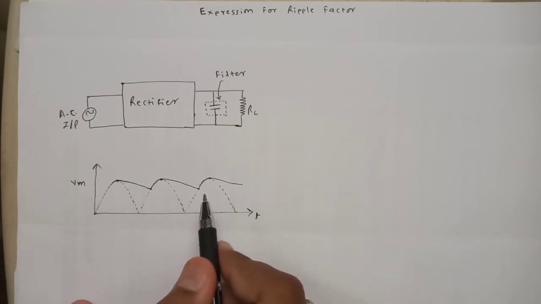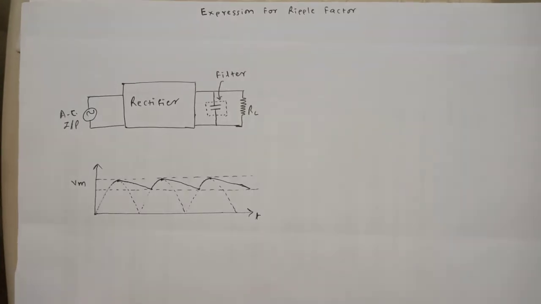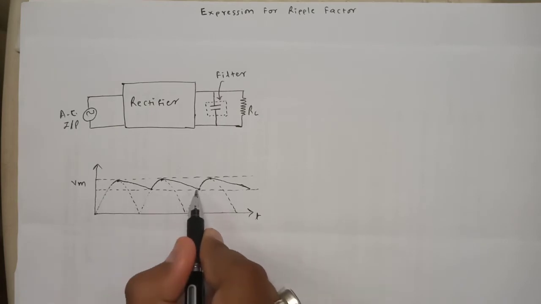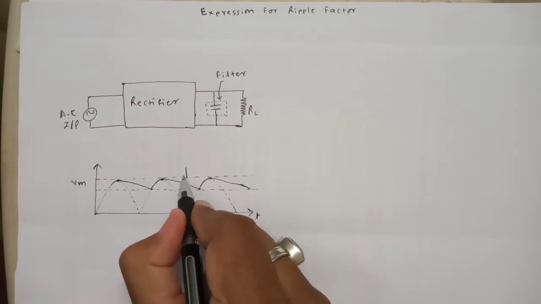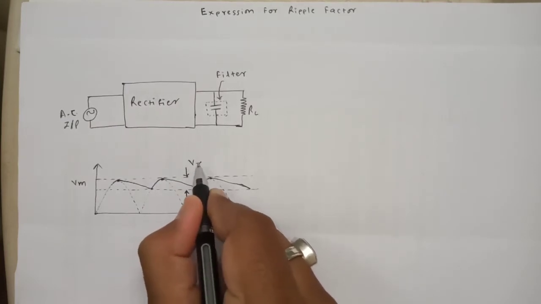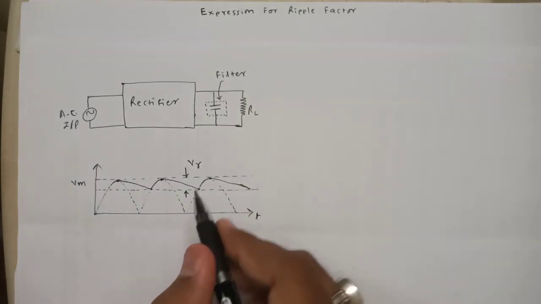So I will suggest minor modifications here. Let us see what the modifications are. First of all, I have marked the maximum and minimum values of this waveform, and I am considering this equal to VR, which is the output I am getting after connecting the filter, right?